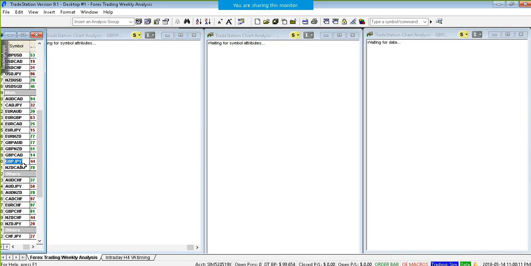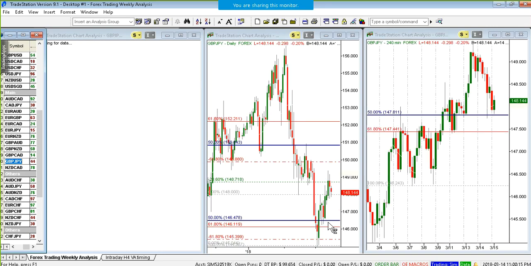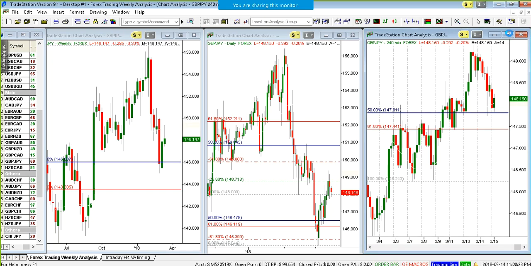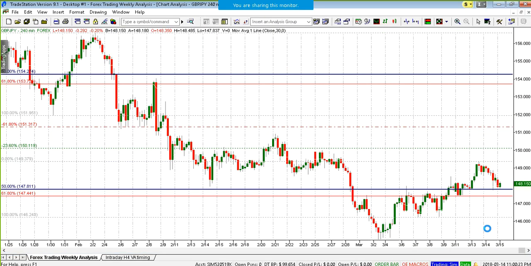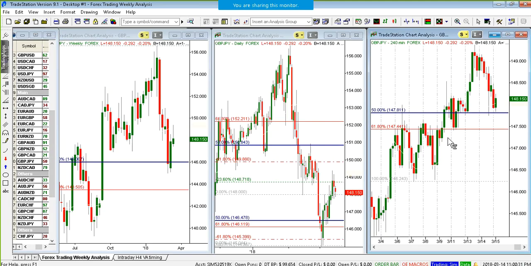All right. Next, the pound versus Japanese yen. I think that there are some of you who might be interested in this, and this market has traded the first target of that 50% long, and we need to look at the possibilities now on the smaller time frame.